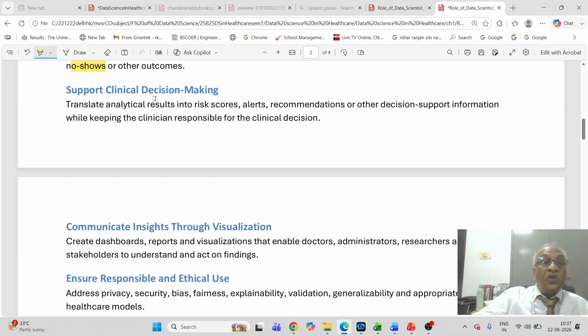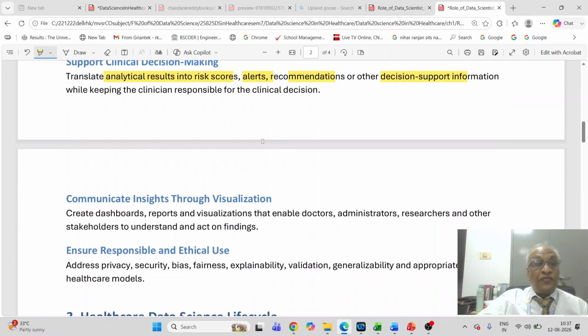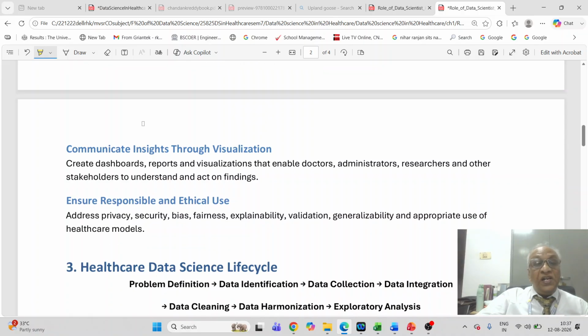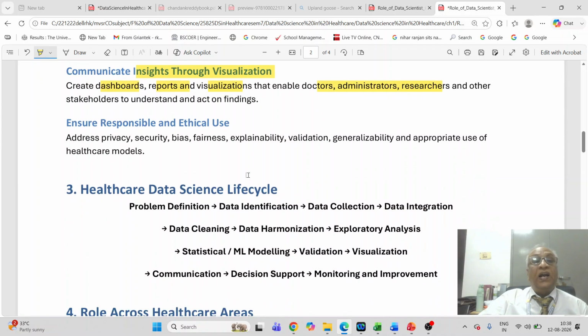He should be able to translate analytical results into risk scores, alerts, recommendations, other decision support information. He should communicate insights through visualizations. He should create a lot of dashboards, reports, visualizations, which will help the doctors, hospital people, and related researchers to understand and act on the various findings.